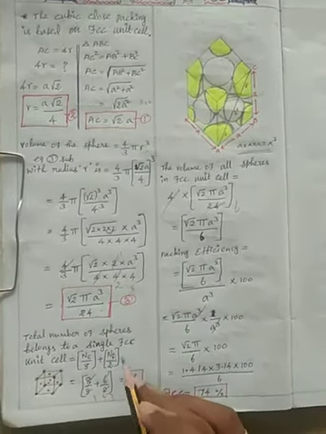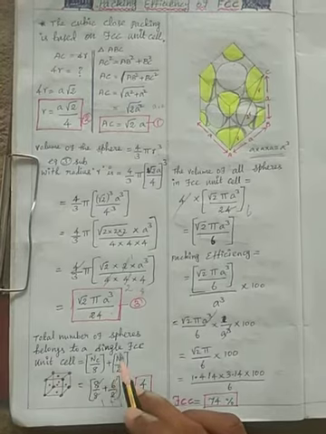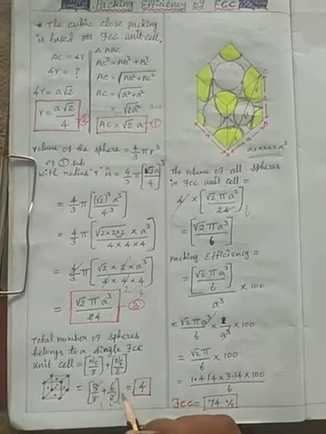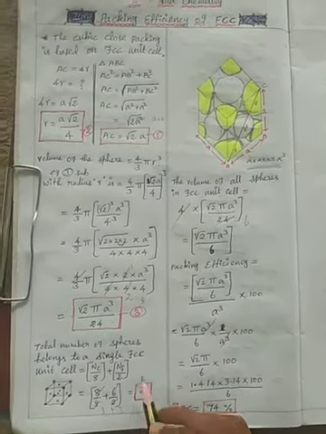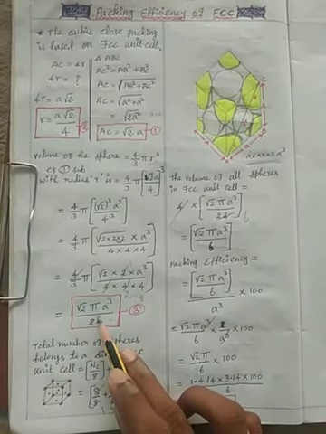Next, we calculate for the single FCC unit cell, which has 4 atoms, multiplying by the formula.